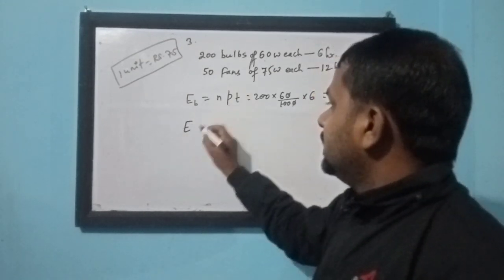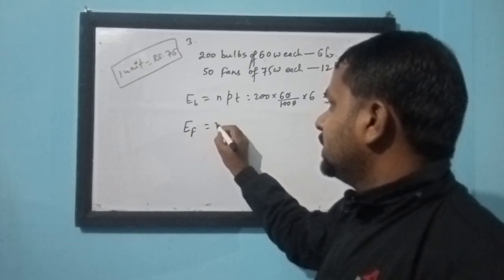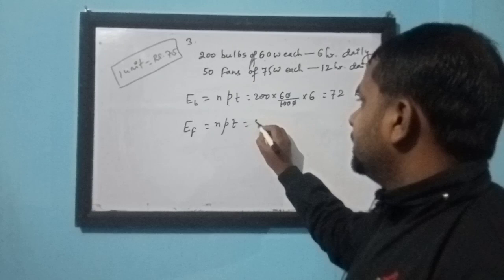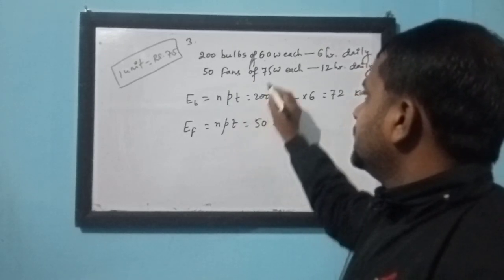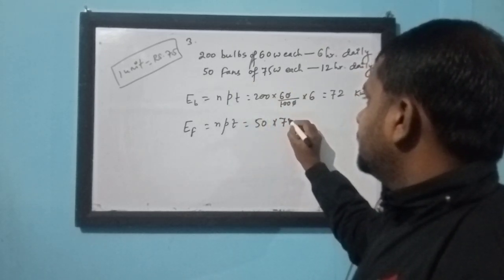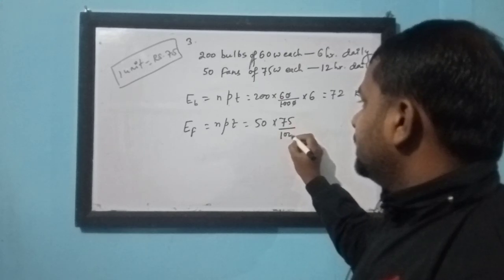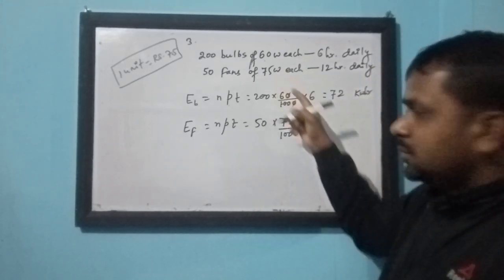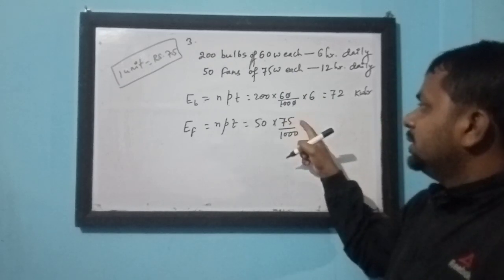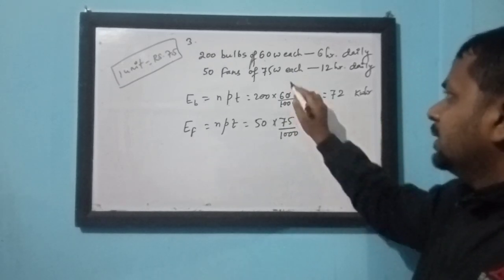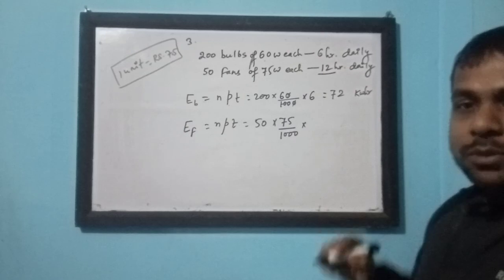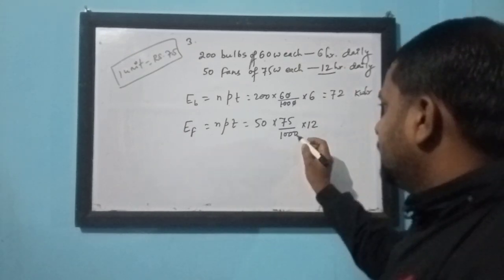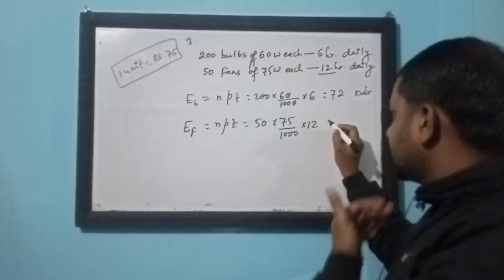Next, the energy used by the fans, same formula, NPT. The number of fans is 50. The power of each instrument is 75. We have to divide by 1000 because we need the answer in kilowatt, and it is given in watt. Daily it is used 12 hours. Then we can calculate this.